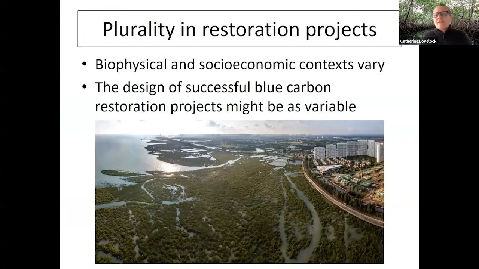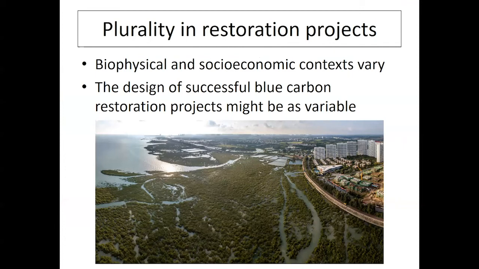So I think if you put all those 5 issues together, you come up with the idea that not one size fits all, and we're going to need very diverse kinds of restoration projects if we're going to do them for blue carbon.